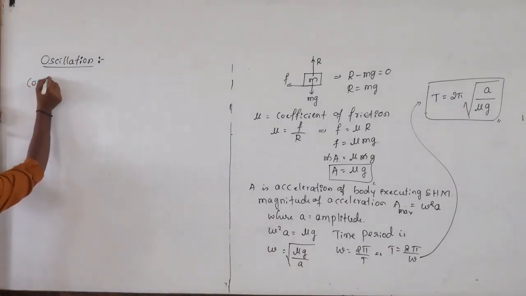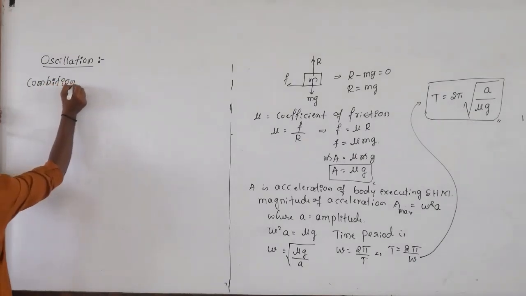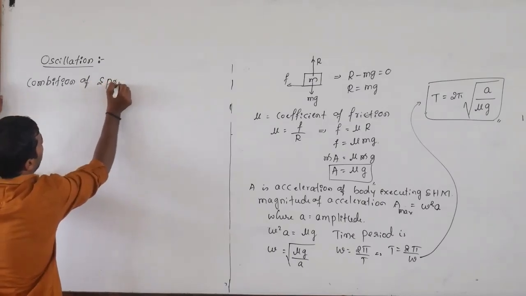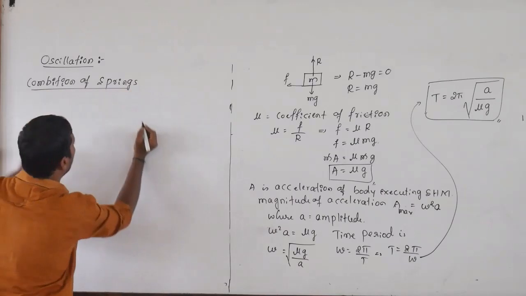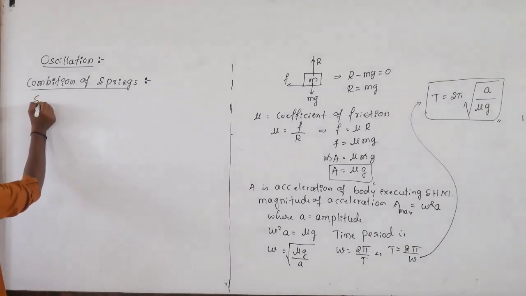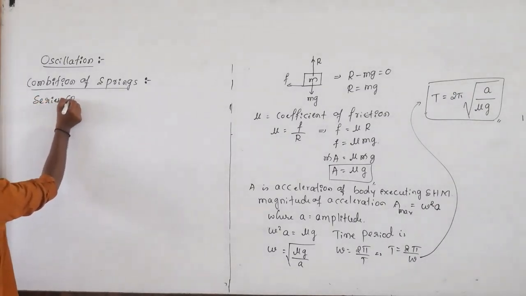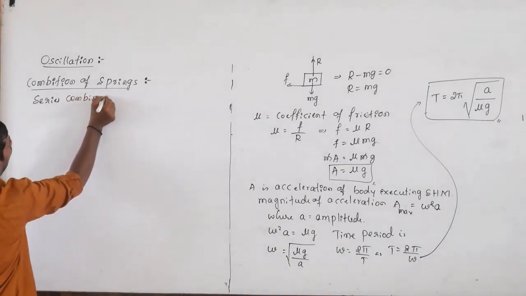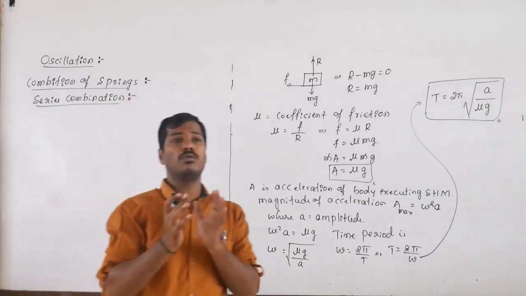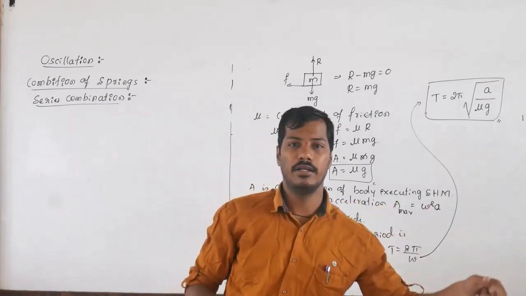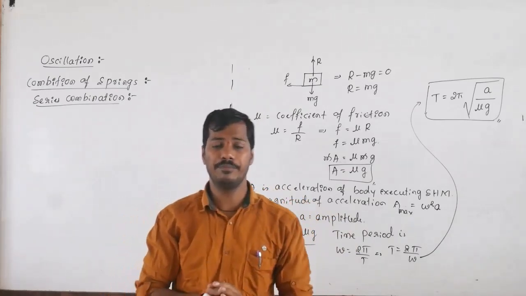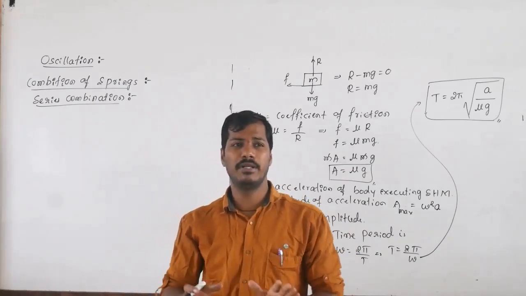First one is the series combination. If two or more springs are connected end to end, that is a series combination.